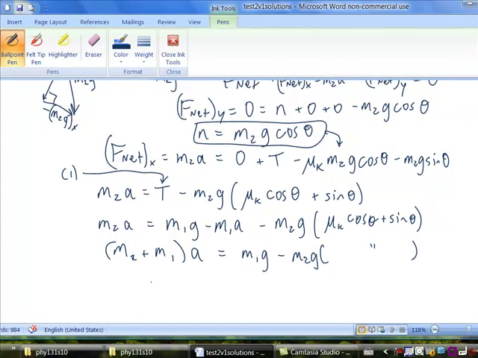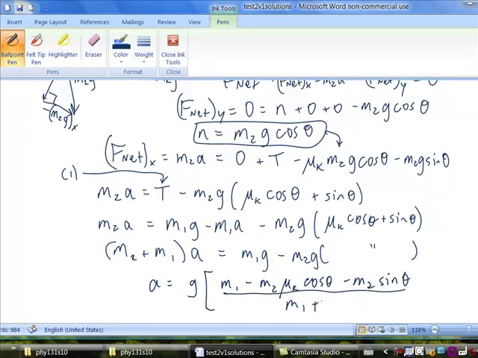I'm going to solve for a equals, there's a gravity term, and then it's multiplied times m1 minus m2 times mu sub k cosine theta minus m2 sine theta all over m1 plus m2.